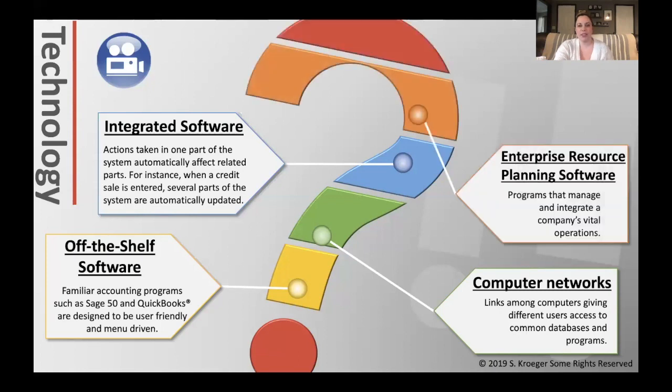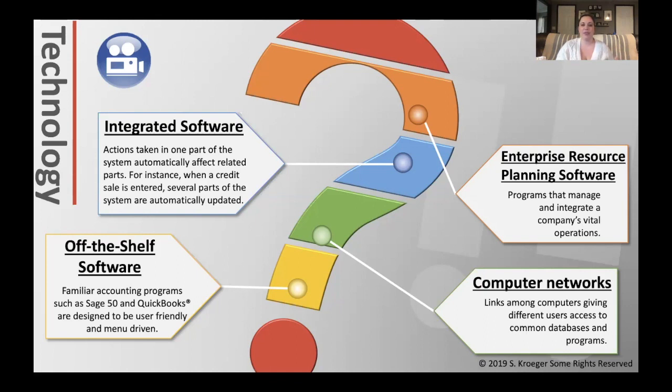Last point to note on this slide is Enterprise Resource Planning Software, also known as ERP. These are the extremely robust systems that the larger companies will use. It is a combination of everything we just talked about. It's integrated, there's a computer network set up, and it means that when you do a sale somewhere, it affects all these other systems: payroll, human resources, receivables and payables, everything gets updated at the same time.